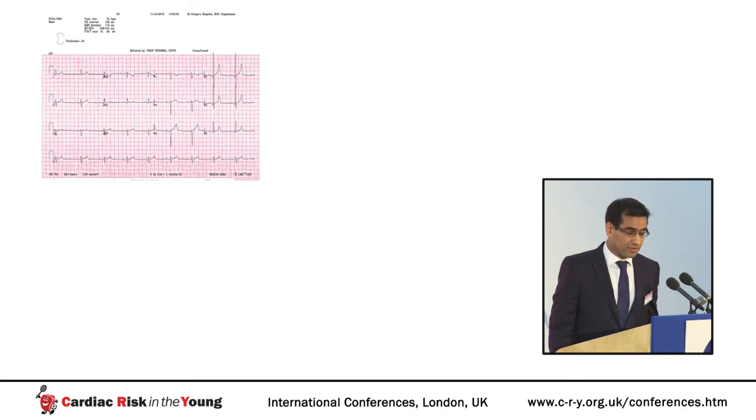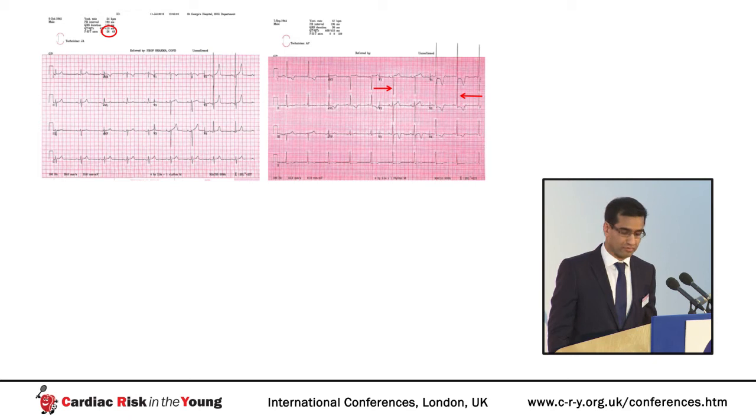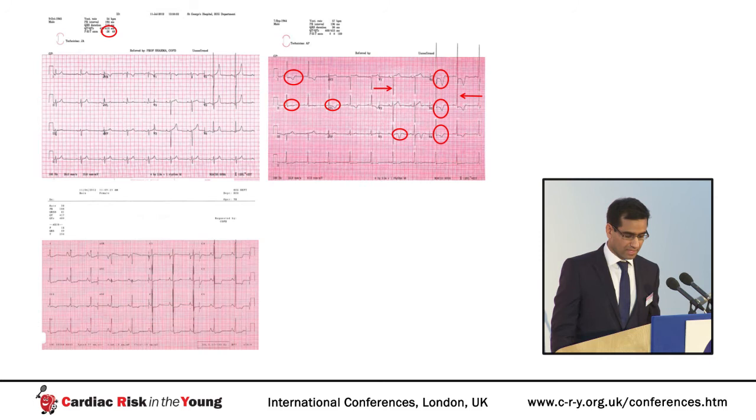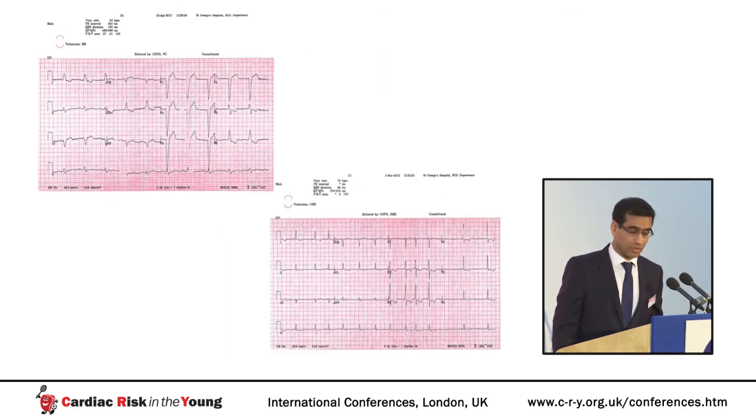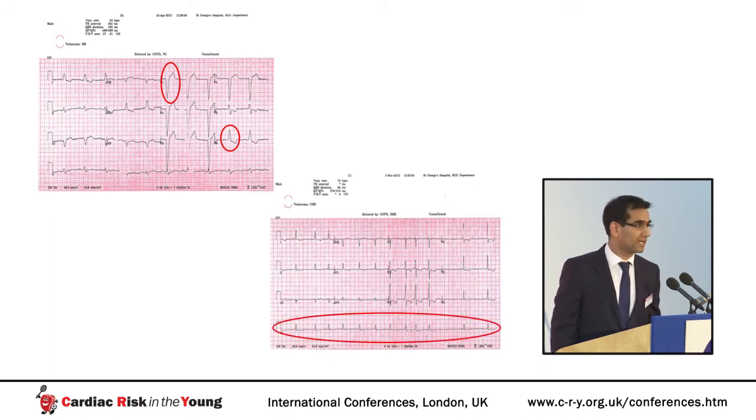Some patients may have a normal ECG or one which just shows minor abnormalities, such as left axis deviation, whereas in others, more marked features may be seen, such as voltage criteria for left ventricular hypertrophy, repolarization abnormalities, voltage criteria for left or right atrial enlargement, resting ST segment depression, pathological Q waves, or even left bundle branch block. And it's important not to miss the patient in atrial fibrillation, because as I mentioned, this is a cause of much morbidity in these patients.